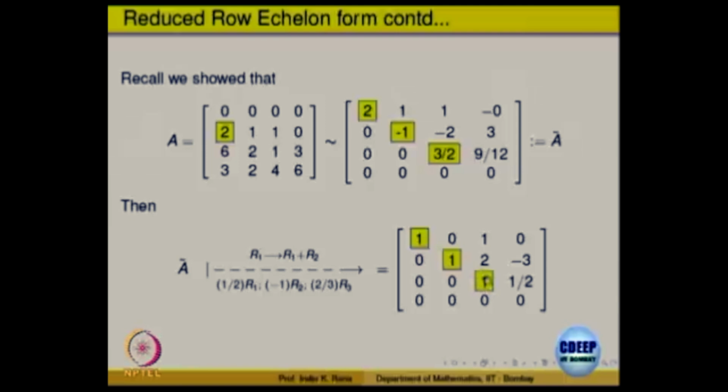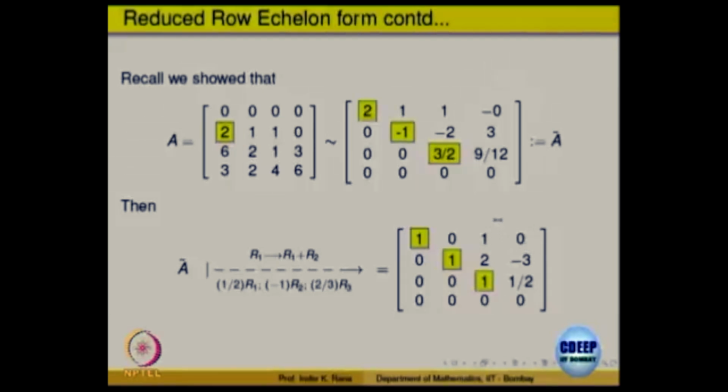Okay, but these two are still not 0, right. So, what shall I do? Multiply this row by -2 and add here, then this will become 0. So, I will have reduced row echelon form. This will be some numbers, we do not bother about them, right. That is a non-pivotal column.